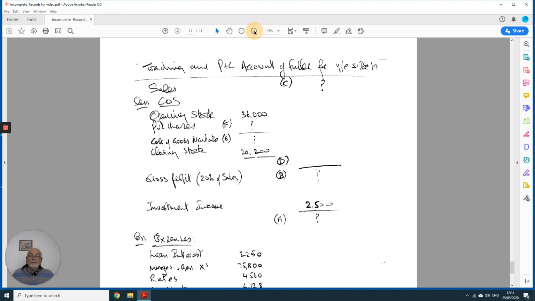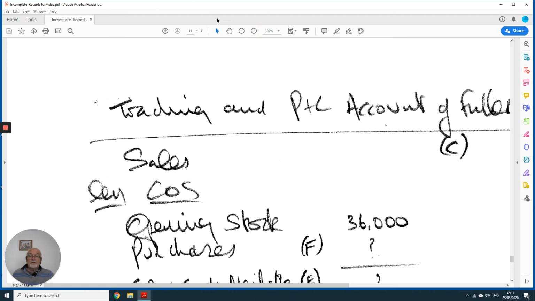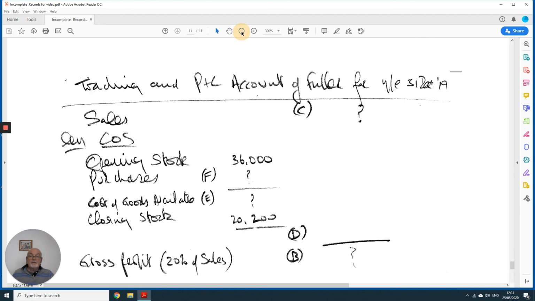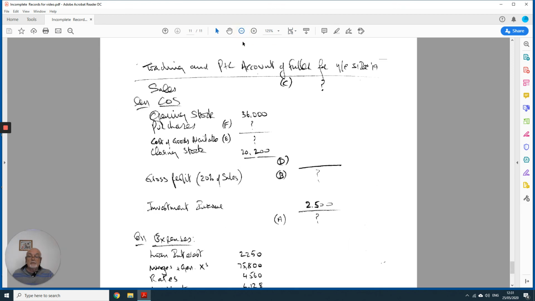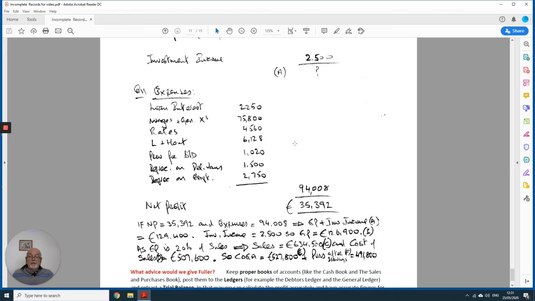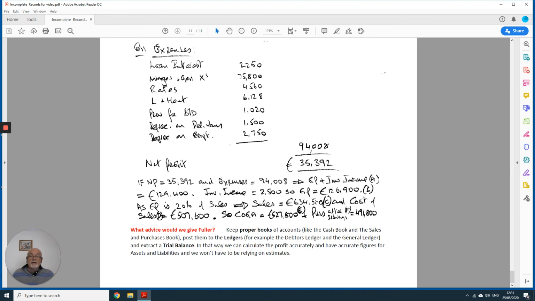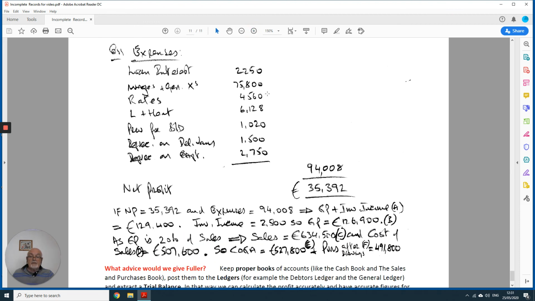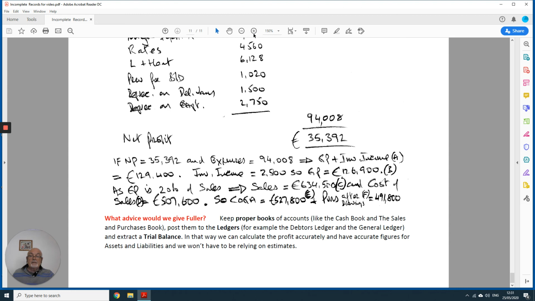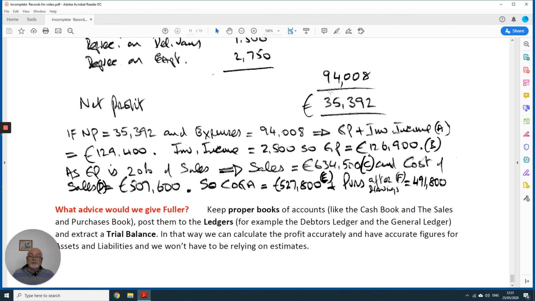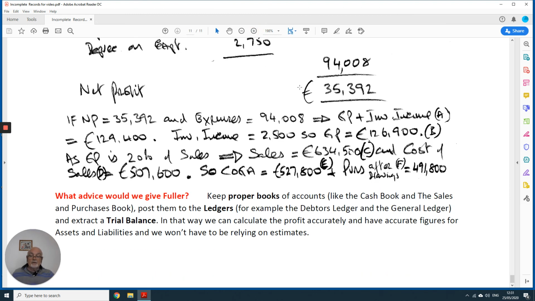As is typical in these questions for incomplete records, you're often asked what advice you'd give the owner. Be careful not to imagine that they're asking for business advice. That's not the case here. The advice you're giving relates to the fact that you're dealing with incomplete records. So your advice would be, keep proper books of accounts, like the cash book and the sales and the purchases book.